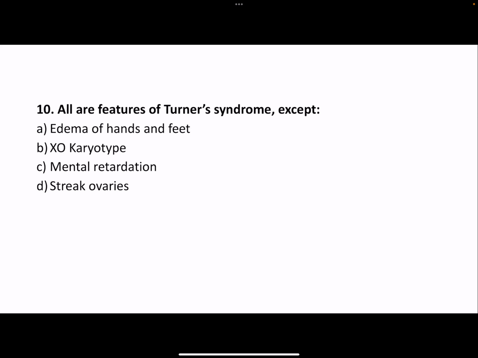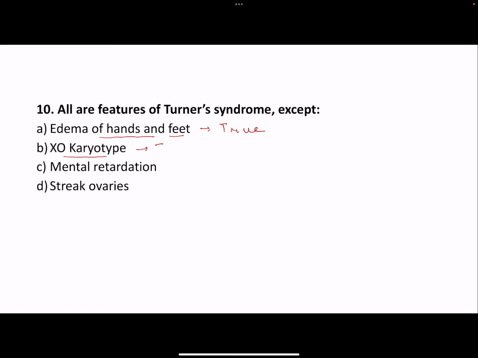Question number 10. All are features of Turner syndrome except. Option A, edema of the hands and feet. This is true. So this is a feature of Turner syndrome. Option number B, the karyotype is XO.